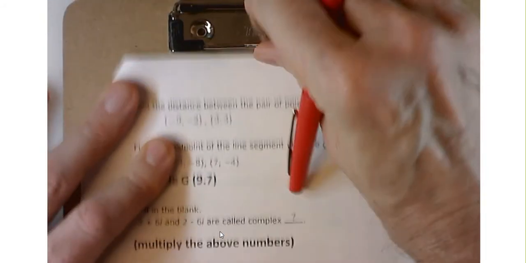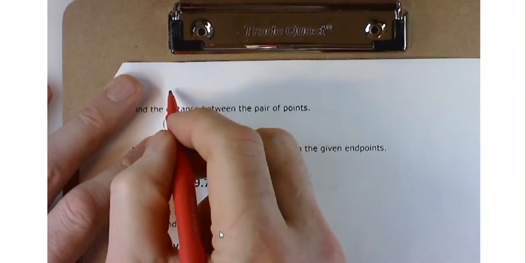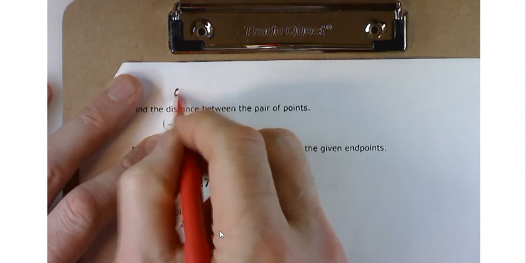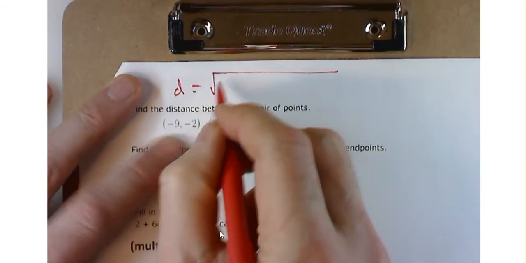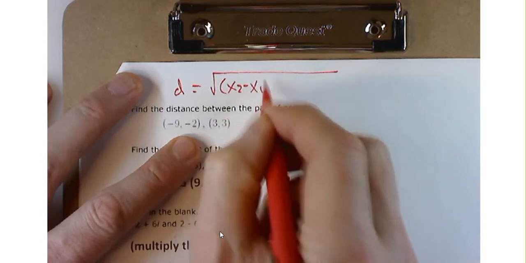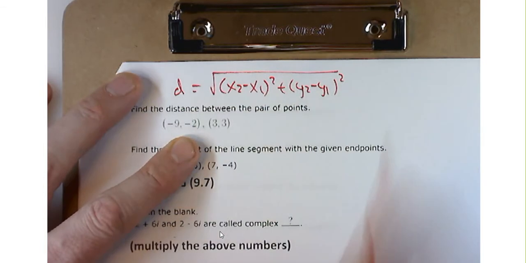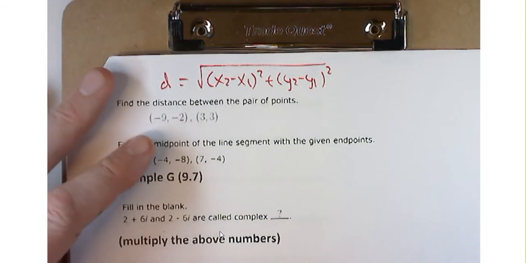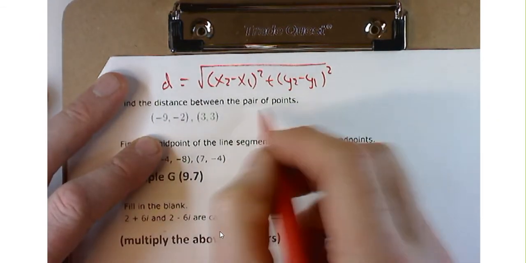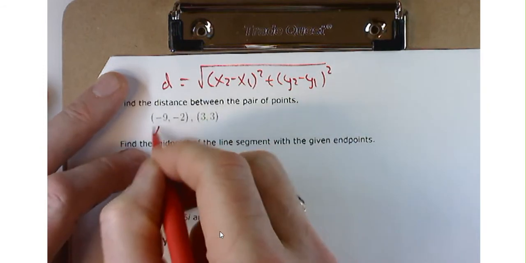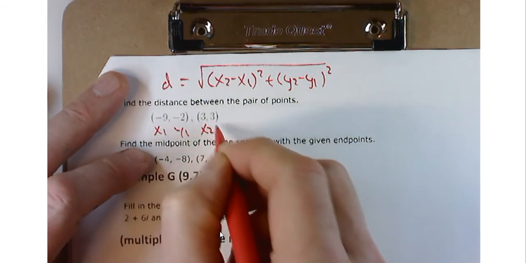Distance between 2 points. Well, here's a couple easy points. If you're digging for points, if you want all you can, distance is the square root of x2 minus x1 squared plus y2 minus y1 squared. So I'll call that x1 y1 and x2 y2.